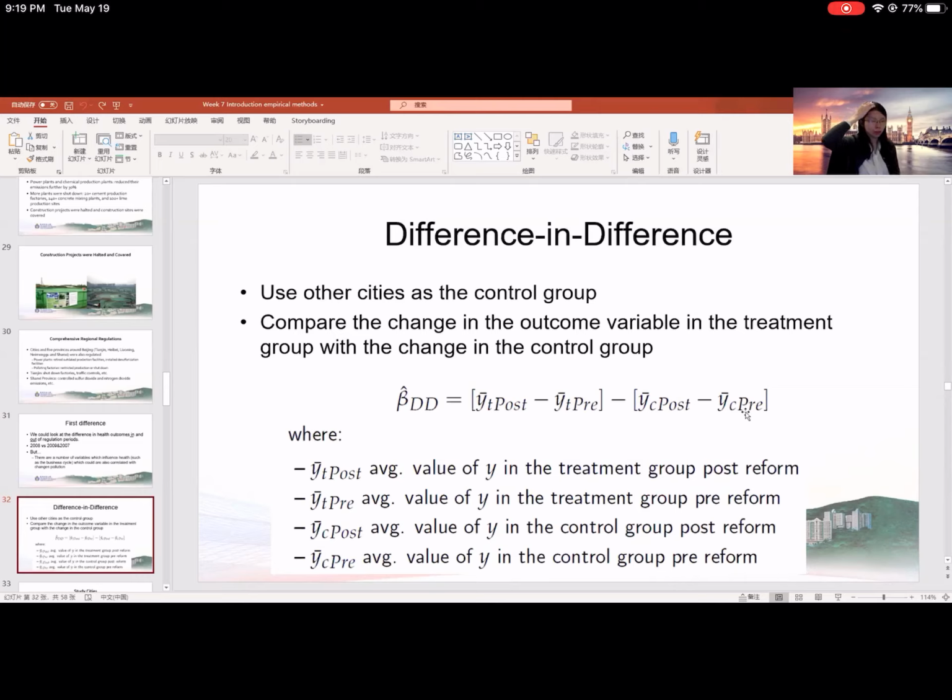The idea is that suppose the financial crisis, or whatever macroeconomic shocks, the time variation, the fundamental difference between 2008 and 2009, whatever that is, is supposed to have the same effects on Beijing and Shanghai. We can difference that out. We can take the effect of those factors out using the pre-post difference in Shanghai. Does it make sense?